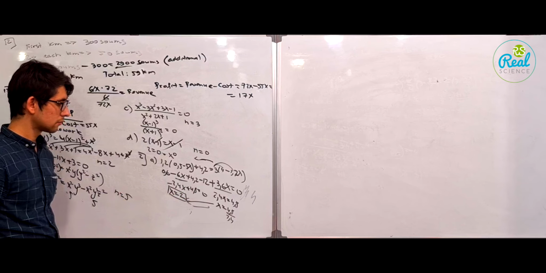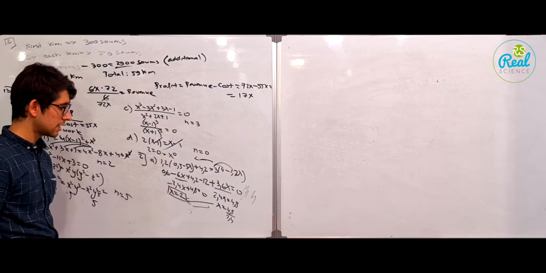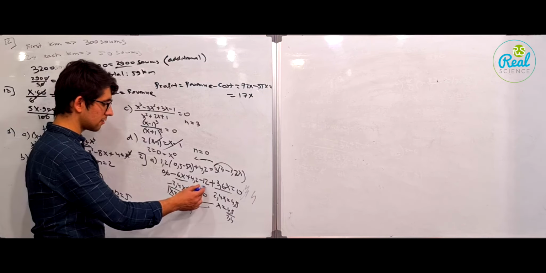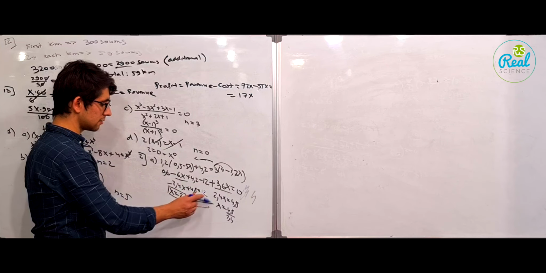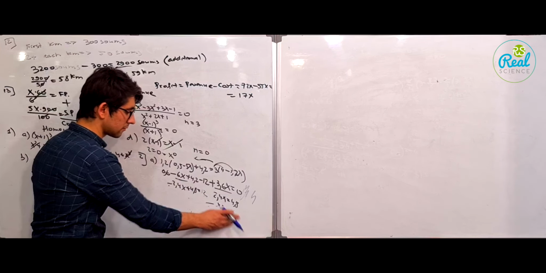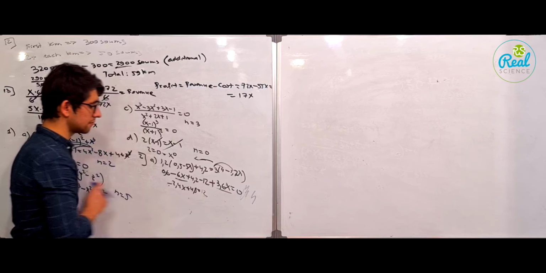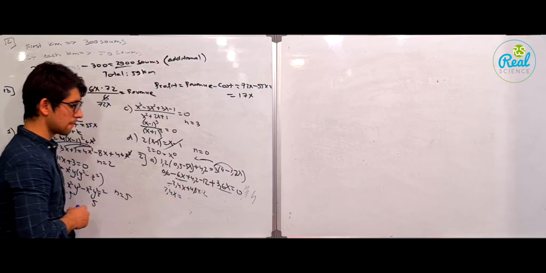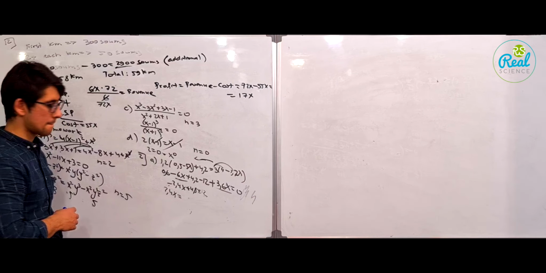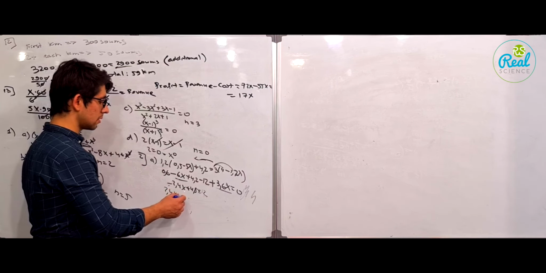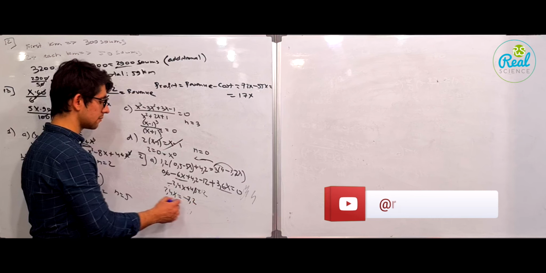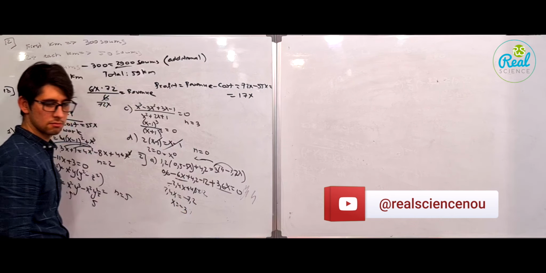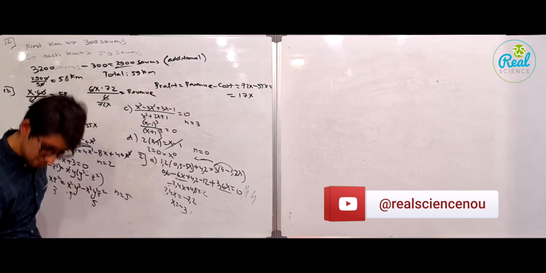So minus 12. We have minus 12 here, right? So it becomes like 2.4x equals 7.2 minus, right? 7.2x equals minus 3. Oh, yeah. Is it correct? Big mistake.